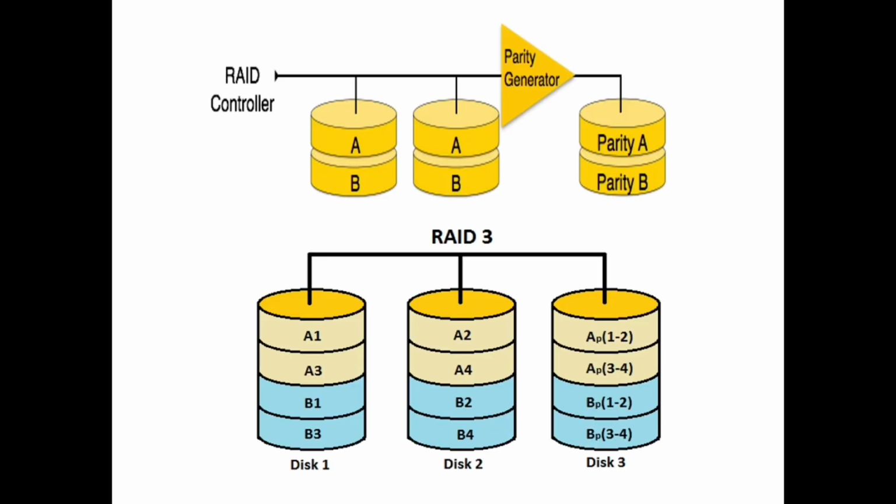And here is the parity bit generator. Here we have three disks: disk 1 has A B information, disk 2 has A B, and disk 3 has parity bits. Each and every piece of data has parity bits. Here we have a parity bit of A and a parity bit of B.